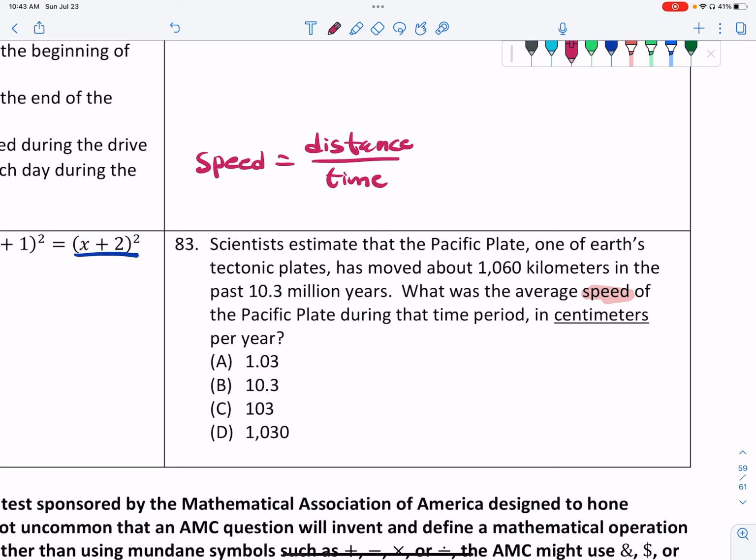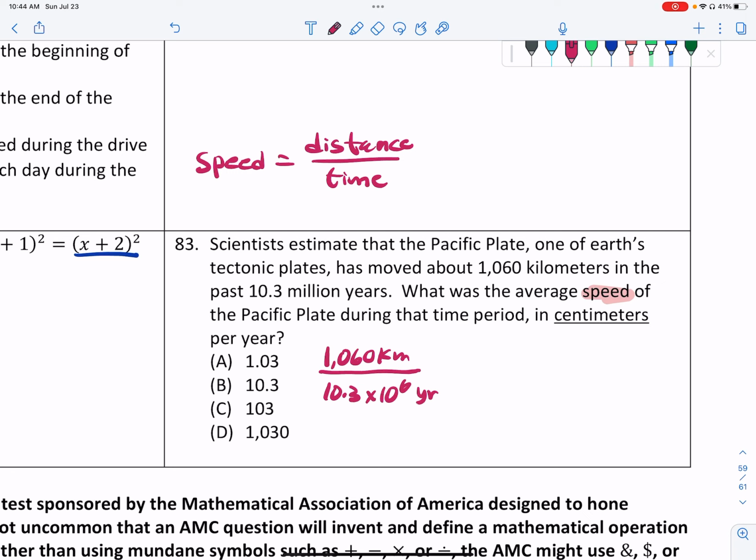We're given a distance of 1,060 kilometers, and make sure that you put the units with it, over a number of years, which is 10.3 million years. So million is 10 to the 6. So I'm going to basically almost make this scientific notation. It's not technically scientific notation because this is bigger than 10. Anyway, and then this is years on the bottom.